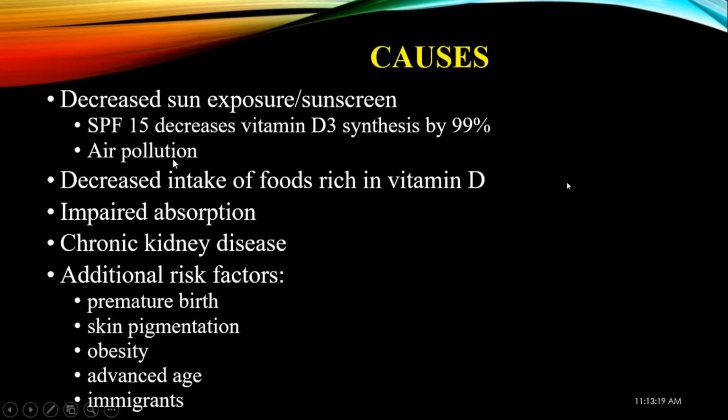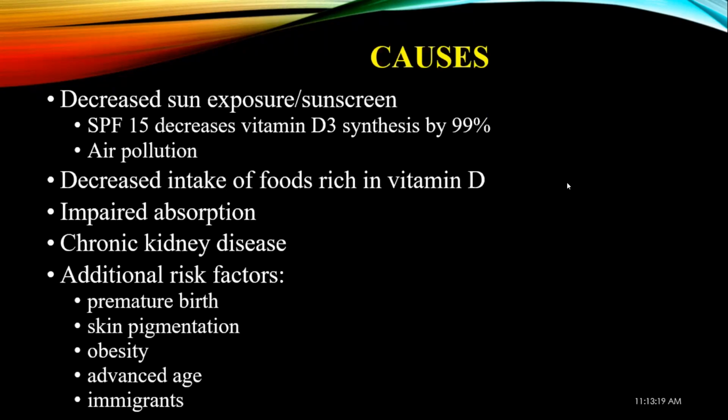Air pollution also interferes with the wavelength of sunlight, ultraviolet light, which prevents the synthesis of vitamin D. The next cause is decreased intake of food rich in vitamin D. Persons who have malabsorption such as steatorrhea, even if they consume large amounts of vitamin D in food, cannot absorb it well, which leads to vitamin D deficiency.